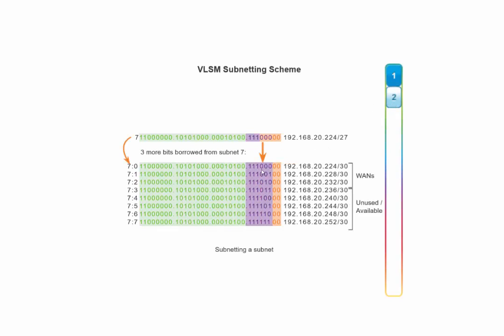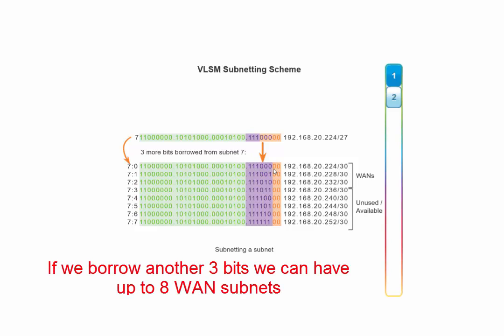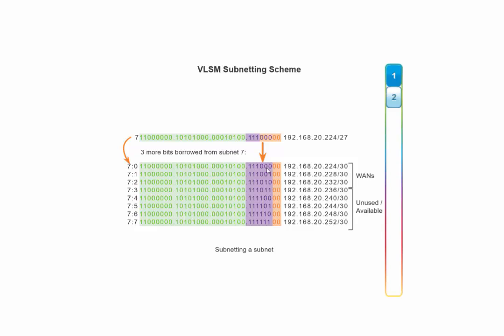We can subdivide this network and borrow another 3 bits and assign only 2 bits for hosts, because we only need 2 addresses for the WAN connections. In that case, we can subdivide this network into another 8 different subnets. So this will be 111 and then 3 zeros, all the way to 111 and then 3 ones.